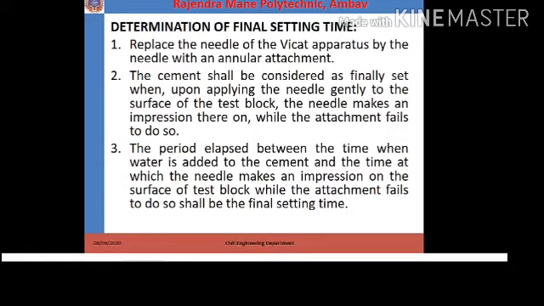The period elapsed between the time when water is added to the cement and the time at which the needle makes an impression on the surface of the test block while the attachment fails to do so shall be the final setting time of the cement.